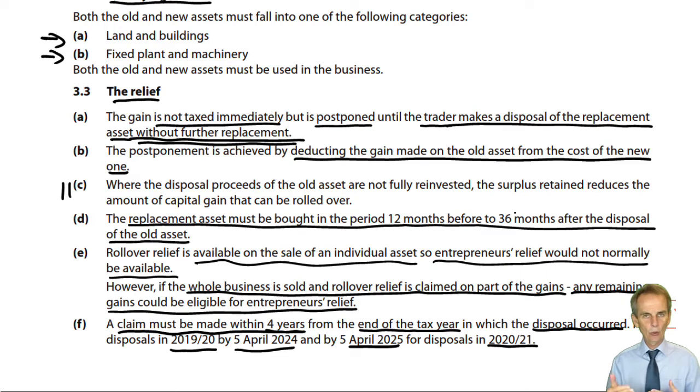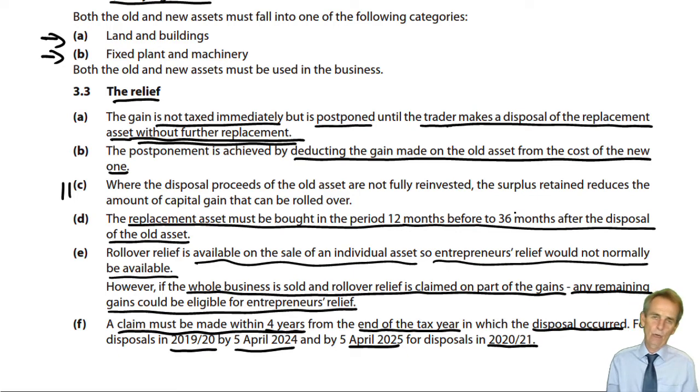If we reinvest all of the proceeds and choose to make that claim, then all of the gain will be deferred. How is it deferred? By deducting that gain from the base cost of the newly acquired asset. By making the new asset's cost lower, any future disposal will have a consequentially bigger gain.